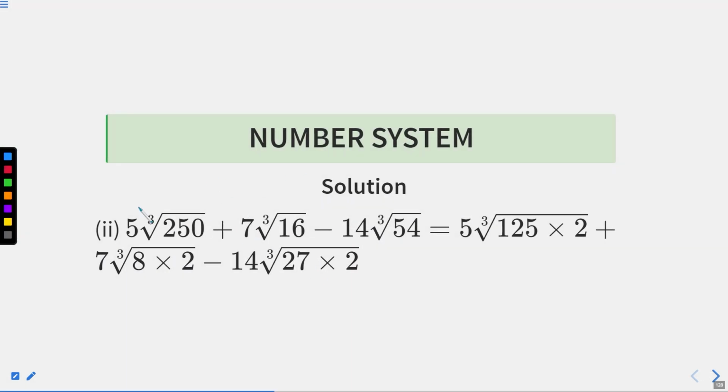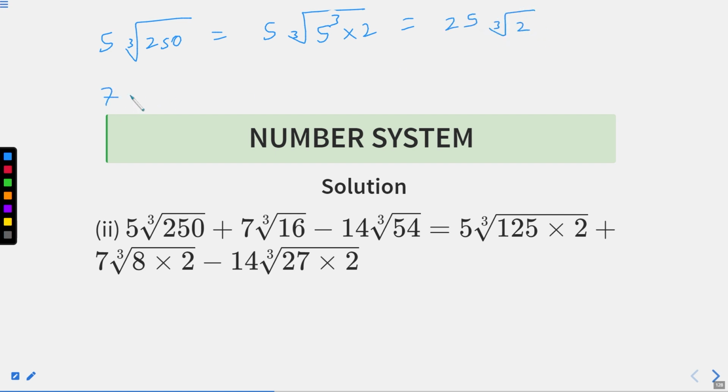So I think the whole thing is erased, so let me do it again for you, but I'll be quick this time. 5 cube root of 250 is equal to 5 cube root of 125 times 2. 125 is 5 cubed, and using the properties I can write it as 25 cube root of 2.